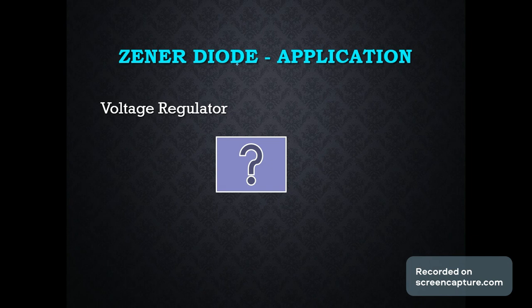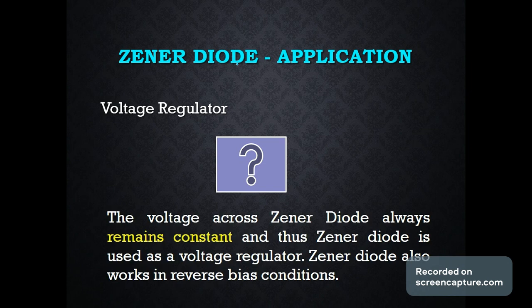Then why is the Zener diode specially utilized as a voltage regulator? Which parameter made the Zener diode operate as a voltage regulator? For that, we have a constant voltage across the diode. Always the voltage across the Zener diode is constant, and this property is utilized for the Zener diode to operate as a voltage regulator.